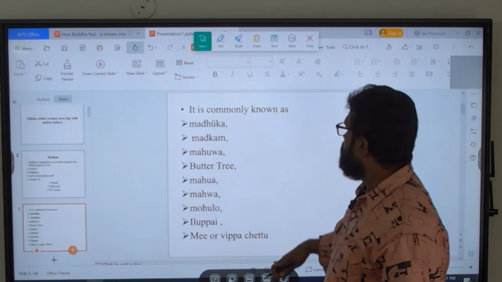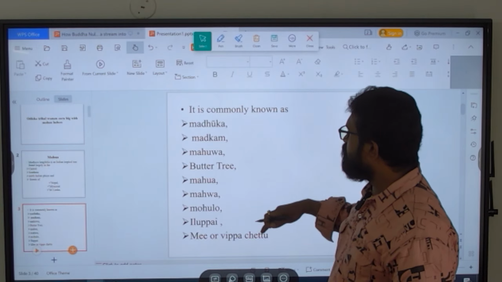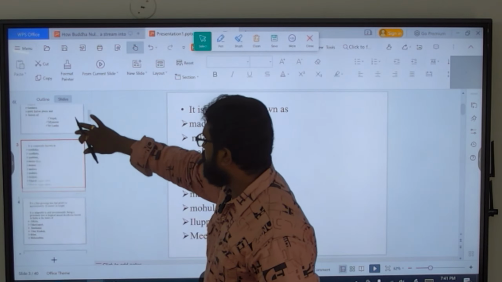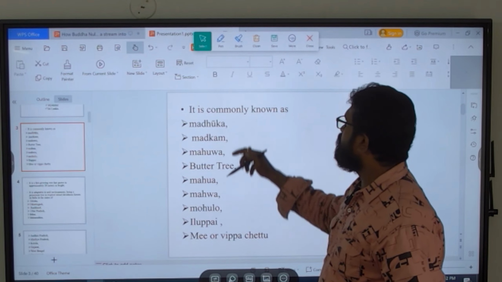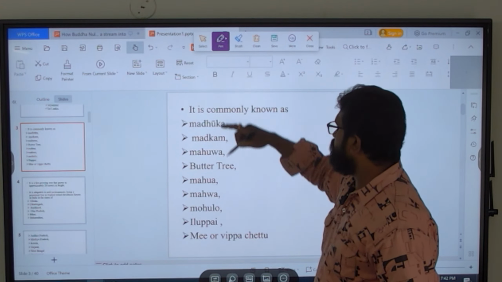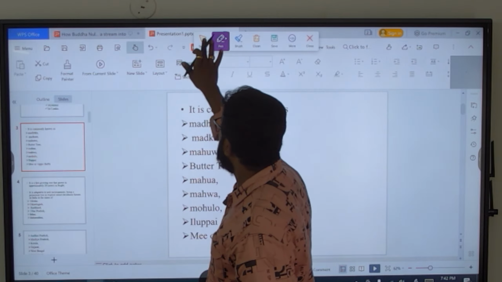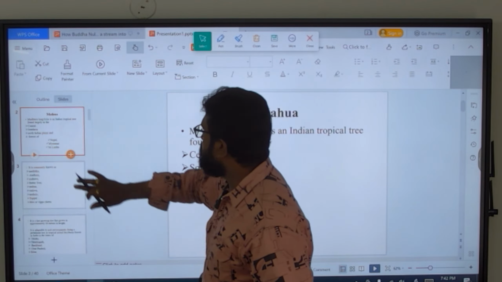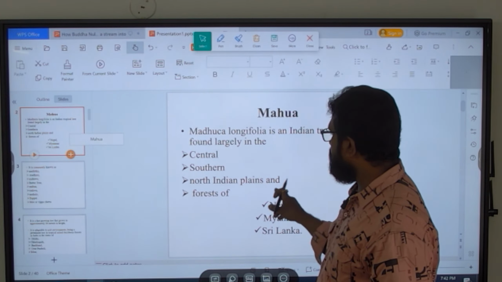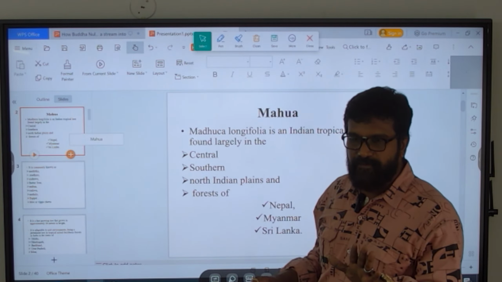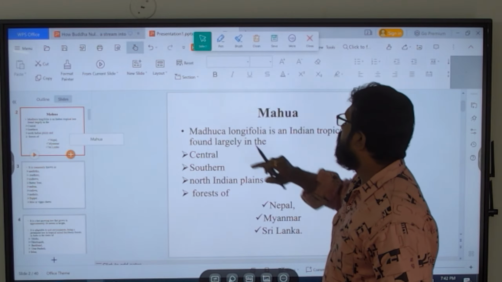You see this. These are the common names for that Mahua tree. You know Iluppai, which is in Tamil Nadu. So when we look at these parts, that is central India, southern India, northern Indian plains, as well as the forest, we know where it is.